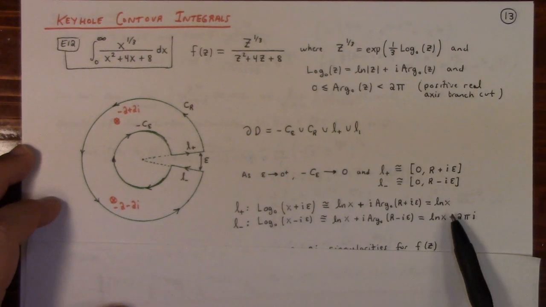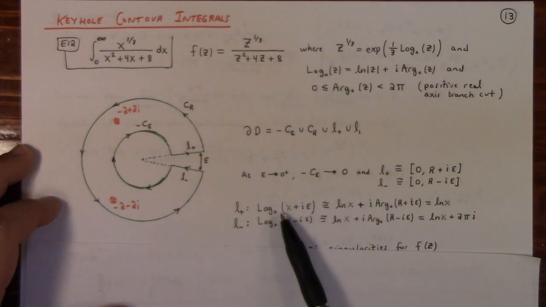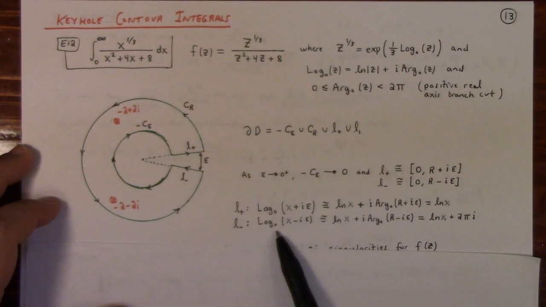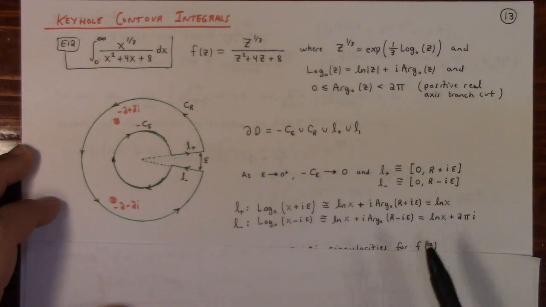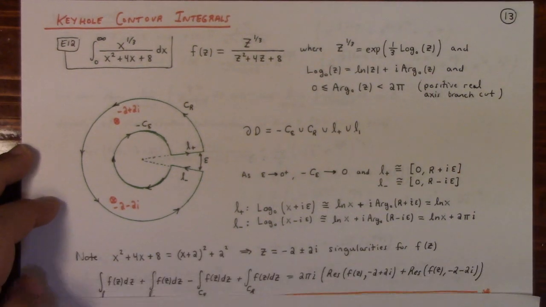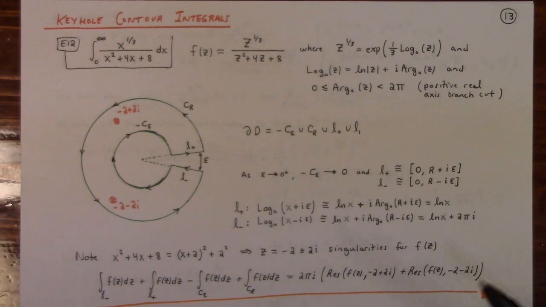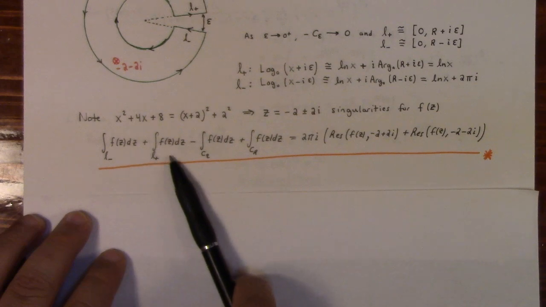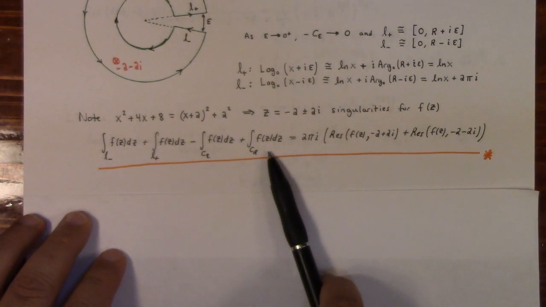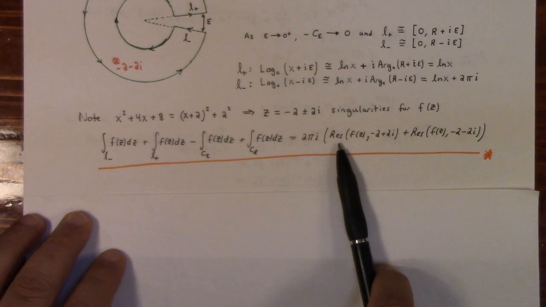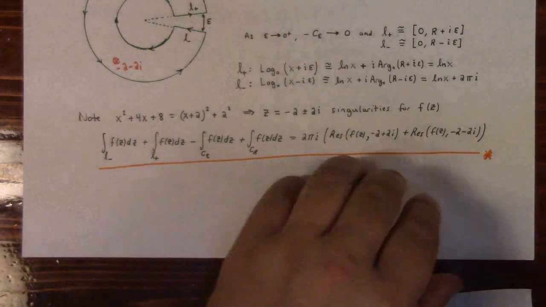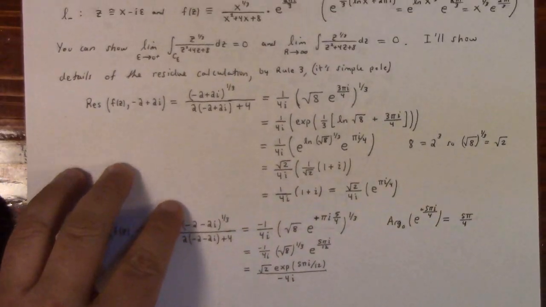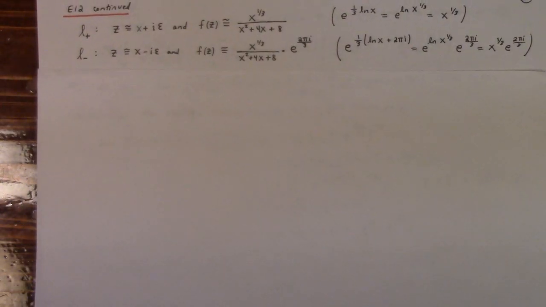Along L plus, the complex log just becomes the natural log of x. On the L minus, the complex log becomes the natural log of x plus 2 pi I. And so altogether, the integral over L plus, L minus, the inner loop plus the outer loop is 2 pi I times the sum of the two residues. You calculate those residues. Well, first of all, a little bit more on L plus.